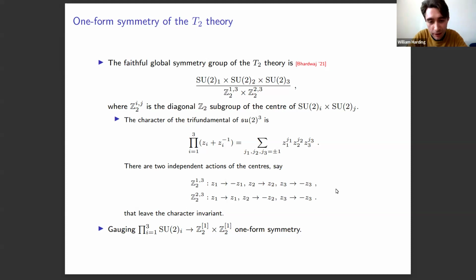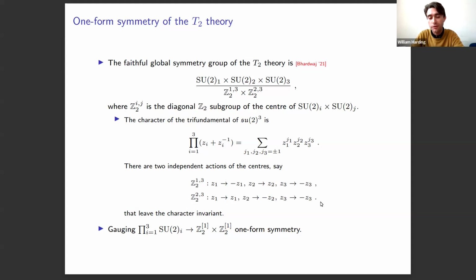Okay, I can tell you why briefly. If you write down the character of the trifundamental representation as follows, then you can see that there are 2 independent actions of the centers that leave the character invariant, and they are Z2^(1,3), which is the one which sends z1 to minus z1, leaves z2 invariant, and sends z3 to minus z3.